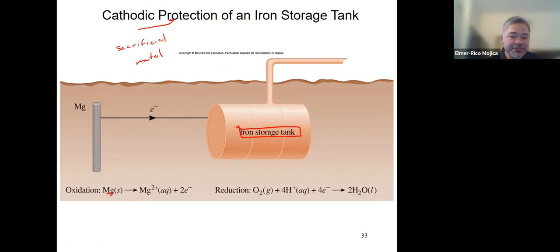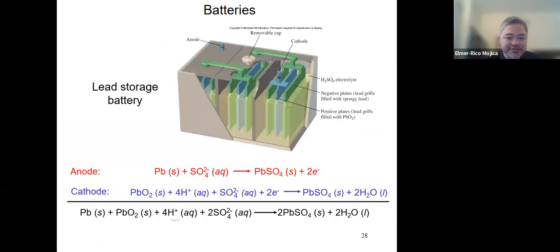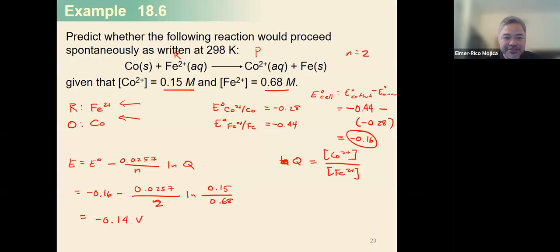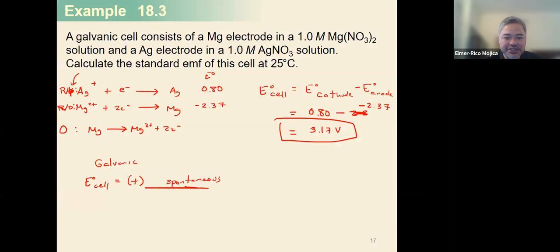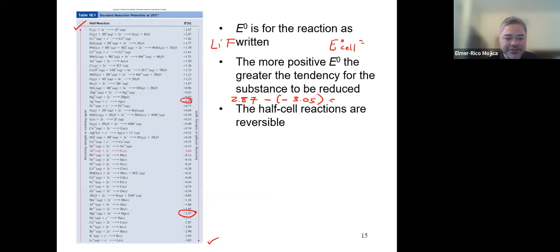Why? If you're going to go to the reduction potential, I'm just going to go back to the reduction potential table just to show you everything placed around here. So if you have, let's say, magnesium, you have it here, and you have the iron, the Fe2+.